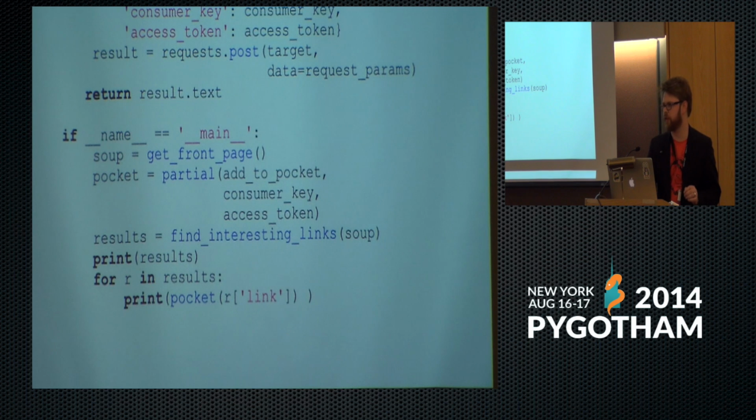Okay, are there any questions so far? Can you repeat why you're using partial here? So I'm using partial strictly to clean up this print statement, so it's not so long. The add Pocket function takes a couple of parameters, and I'm always going to be using the same ones, the consumer keys here.